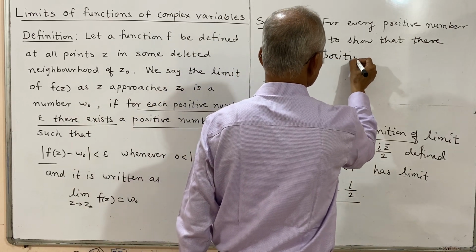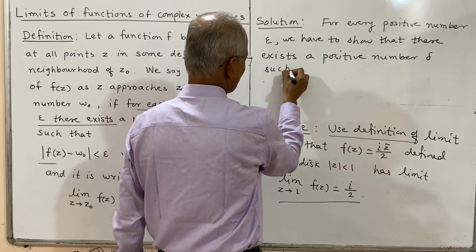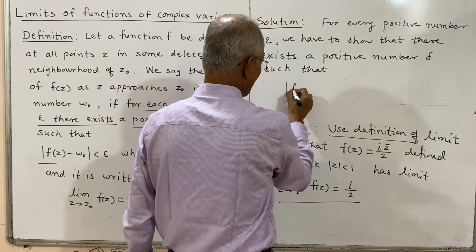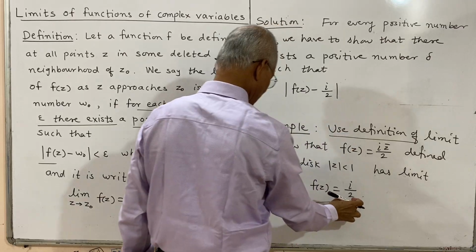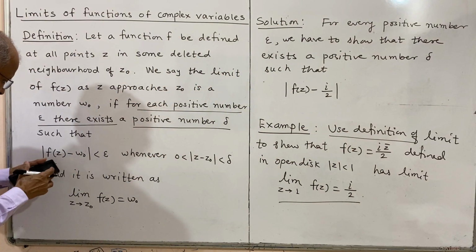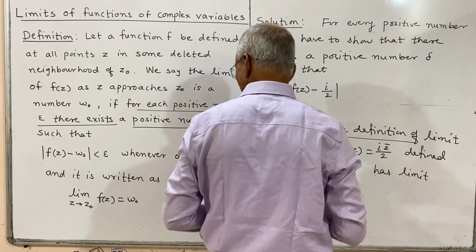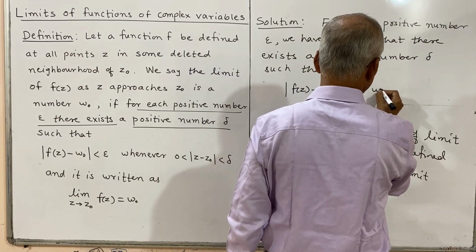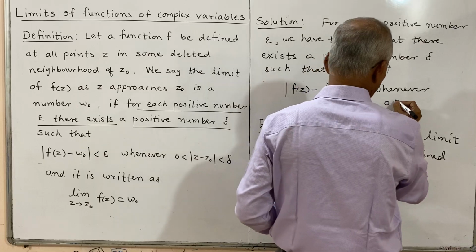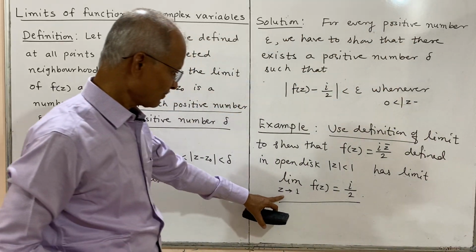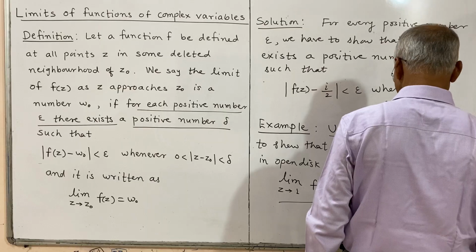So we have to show that there exists a positive number delta such that the absolute value of f of z minus i by 2, this is w naught, that is, f of z minus w naught, is less than epsilon whenever 0 is less than the absolute value of z minus 1, z tends to 1, and is less than delta.